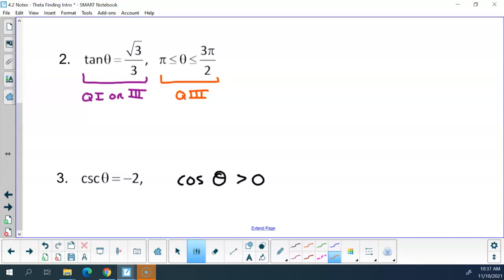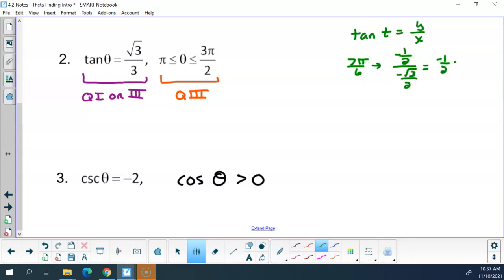Okay? So if I start at tangent being y over x, and let's start at 7 pi over 6. If I go with 7 pi over 6, then that's going to be negative 1/2 all over negative square root 3 over 2.